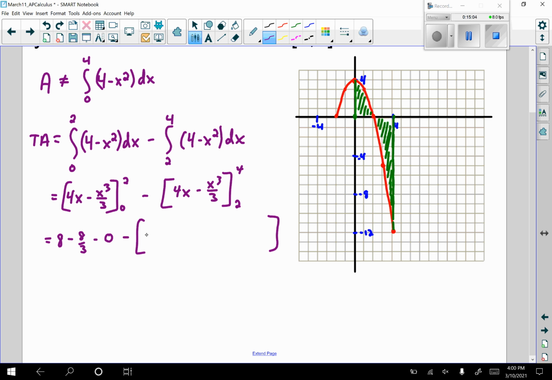So next we're going to get 16 minus 64 thirds minus, and now we'll put the 2 in here, so we'll get an 8 minus 8 thirds. So carefully bringing everything out from the parentheses here, one at a time.